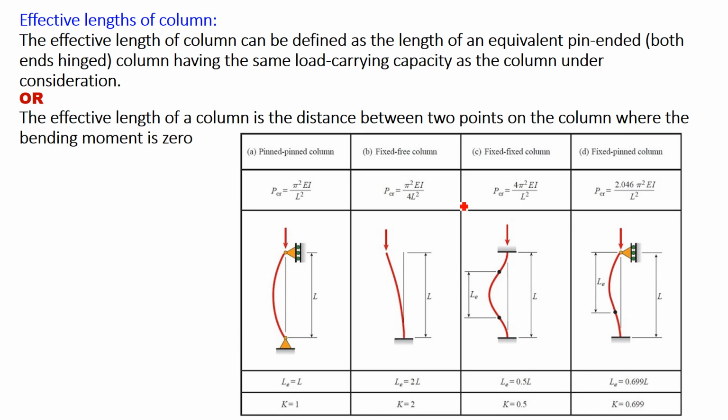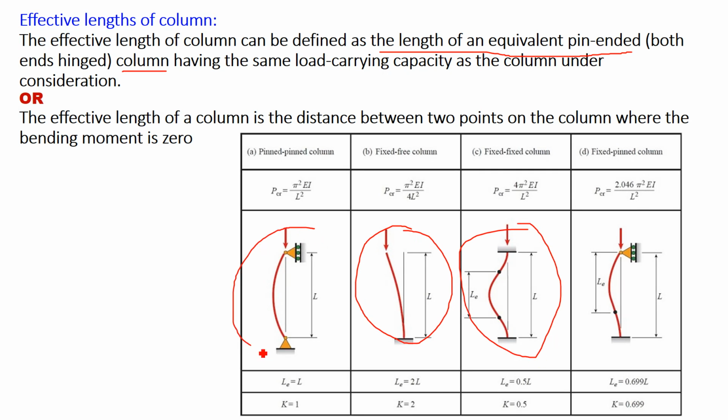For other boundary conditions, the effective length of column can be defined as the length of an equivalent pin end column. Equivalent means if you replace other boundary conditions by a two end pin column. It is the length of an equivalent pin end column having the same load carrying capacity as the column under consideration.